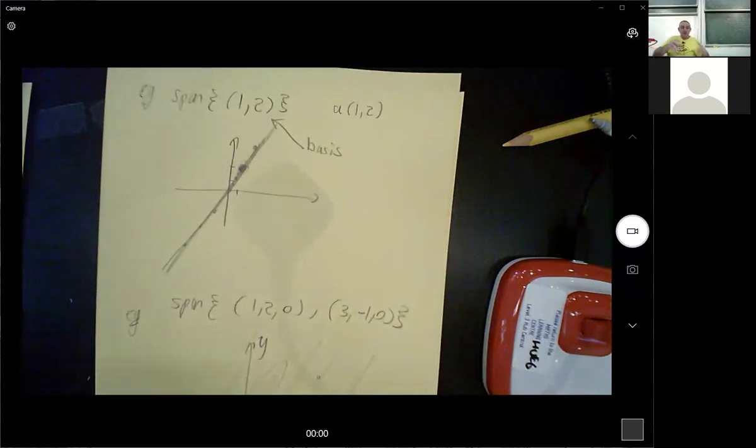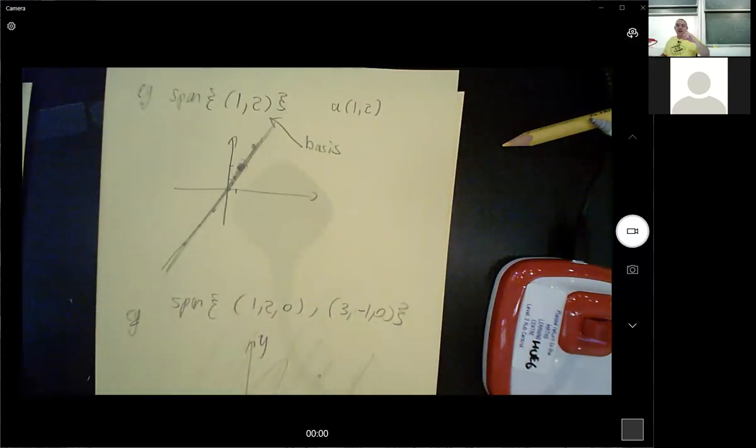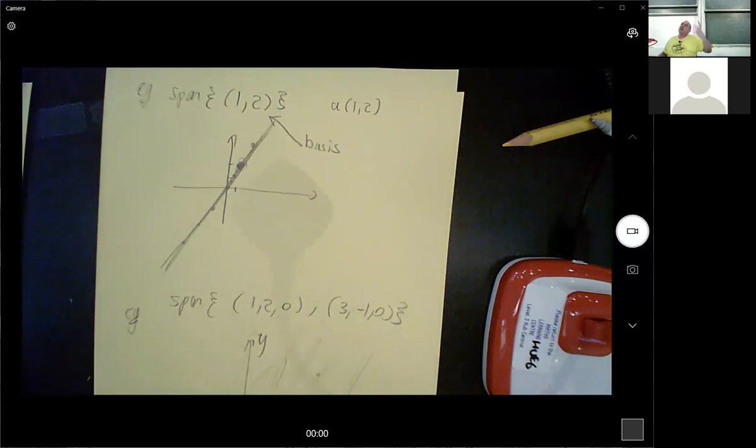So we've said what a span is. And someone asked, how do you use the terminology of span when you're talking about it spanning a thing?